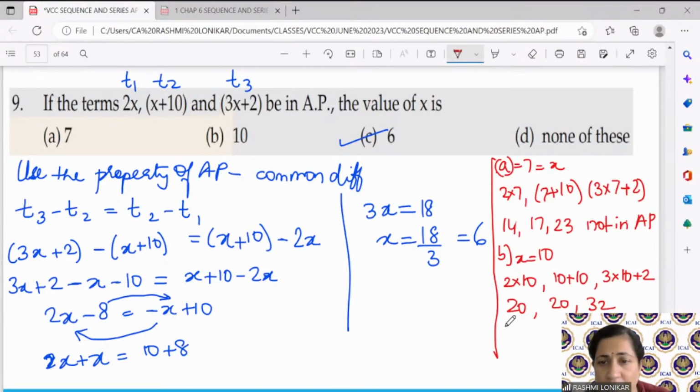Now let us see. x is 6. 6 into 2 is 12. Then 6 plus 10 is 16. And 3 sixes are 18, 18 plus 2 is 20. What is this difference? 16 minus 12 is 4. 20 minus 16 is also 4. So this is in AP.